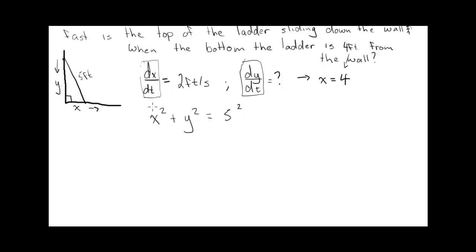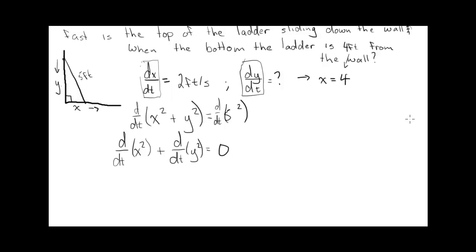So now we'll do the same thing. I want dx/dt, so I'm going to differentiate both sides with respect to t. So how do I do the derivative of a sum? Well, it's just the derivative of each term. And then the derivative of 5 squared, well, it's a constant, right?